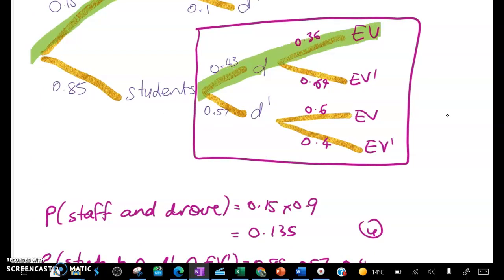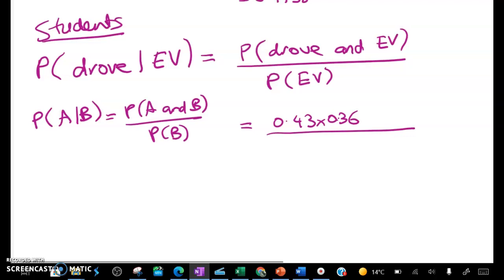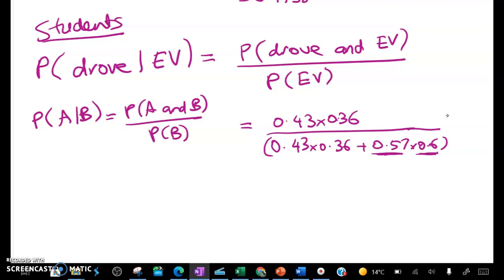There's this one here that they drove and wanted an EV, and this one here that they didn't drive and they wanted an EV. So there are two outcomes making up that probability, and they both have to go into my denominator. So it's 0.43 times 0.36 for drove and wanted an EV, and then 0.57 times 0.6 for the ones who didn't drive and still wanted an EV.